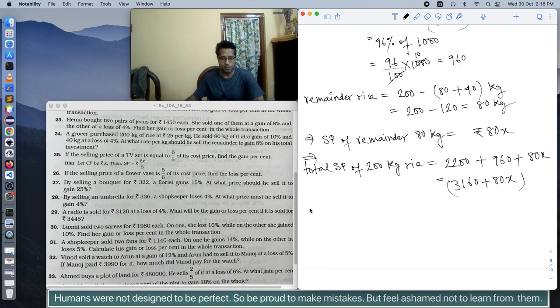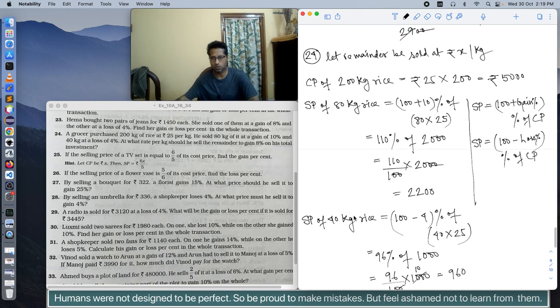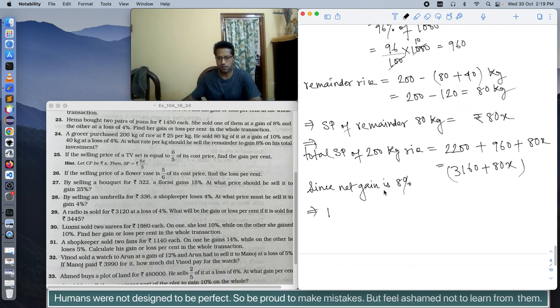Now since it is given that there was a net gain of 8% on the total investment, and the total cost price was 5,000, we can say that 100 plus 8% of 5,000 should be equal to the total selling price, that is 3160 plus 80x.